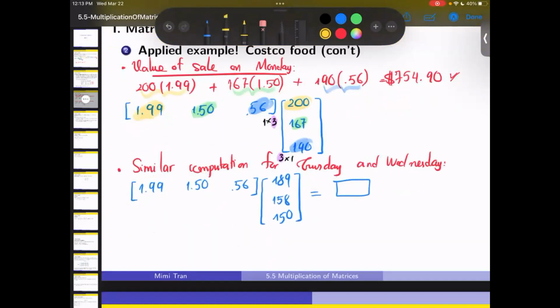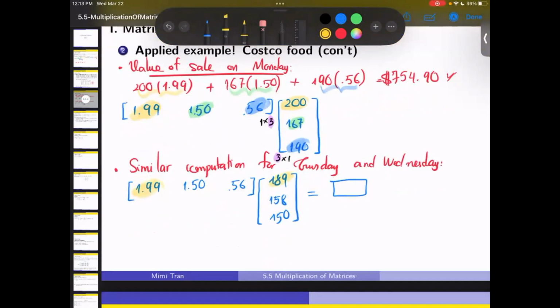You know how to do this, right? You take this one, multiply with this one, add it to $1.50 multiplied by 158, and so on. Same thing you do.